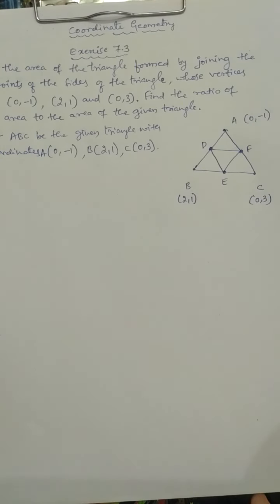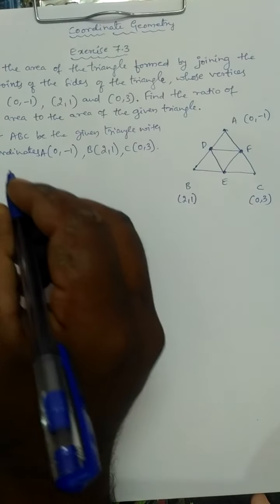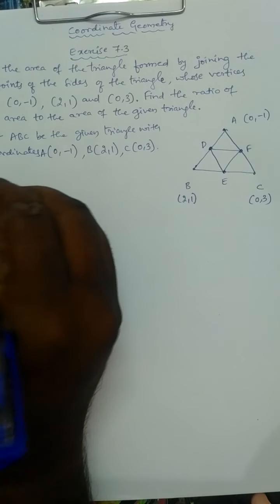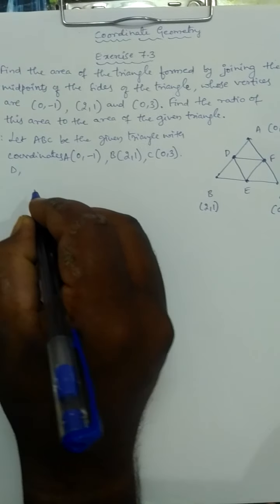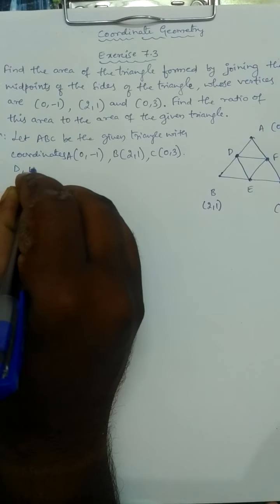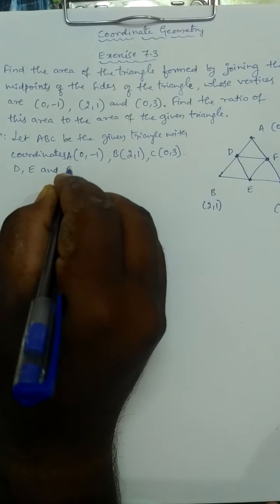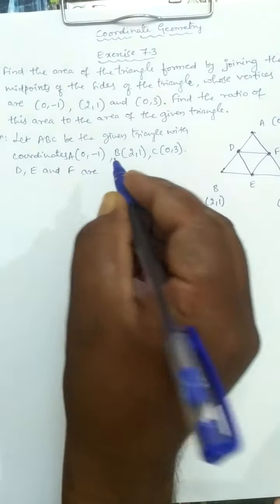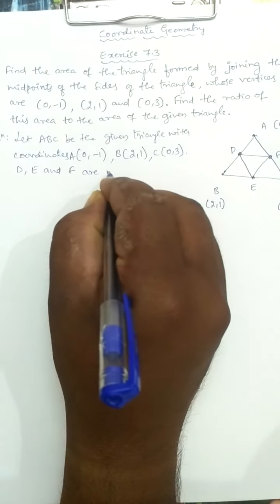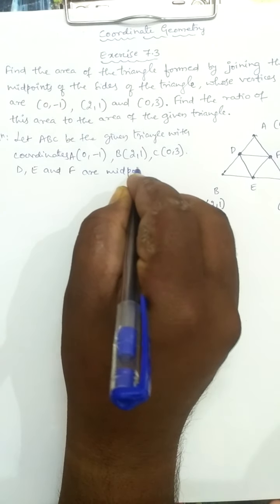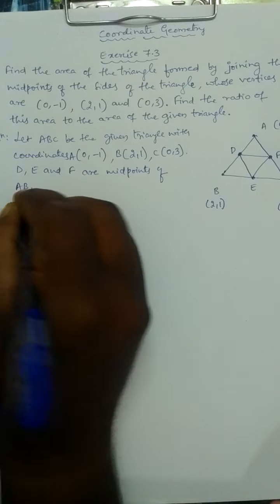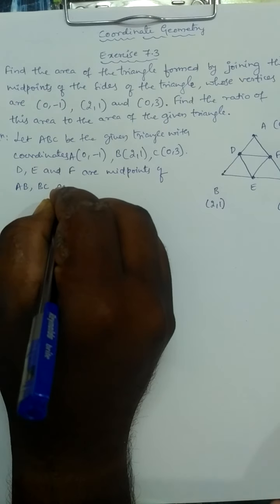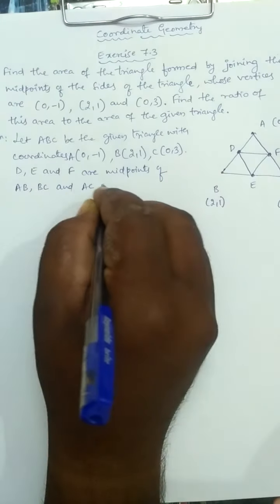So now what we have to write here: D, E and F are midpoints of AB, BC and AC respectively.